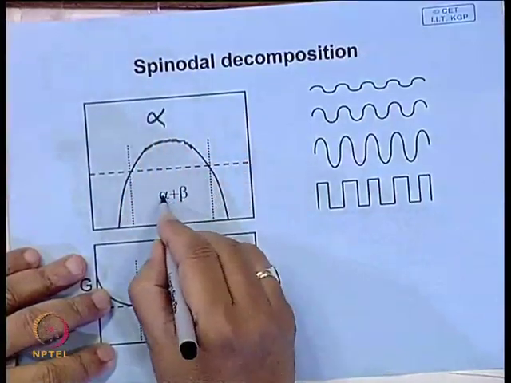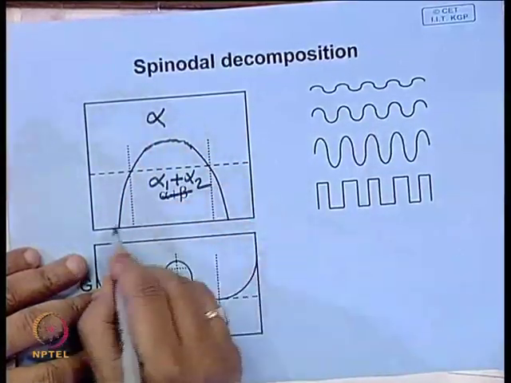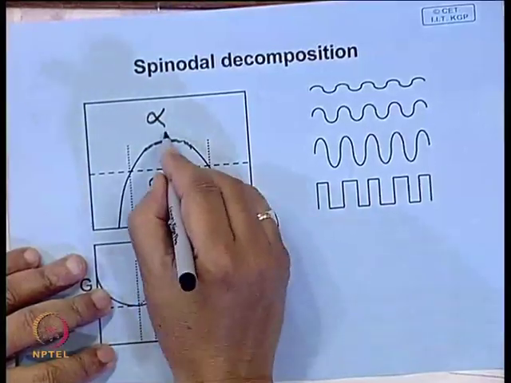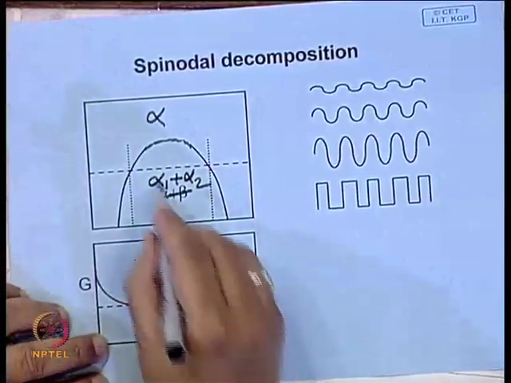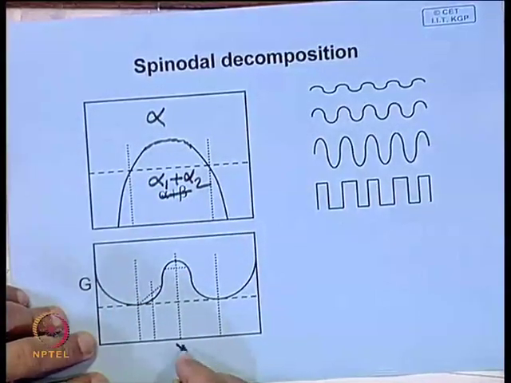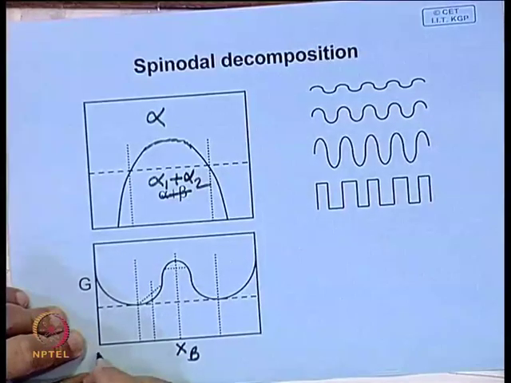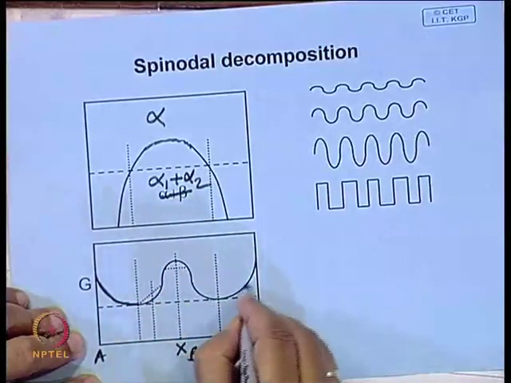Say if you have alpha, here is a region where it breaks down into two solid solutions below a particular temperature. In this case, if you look at the free energy composition diagram, this is X B atomic, this is A, this is B, and it has this type of plot.